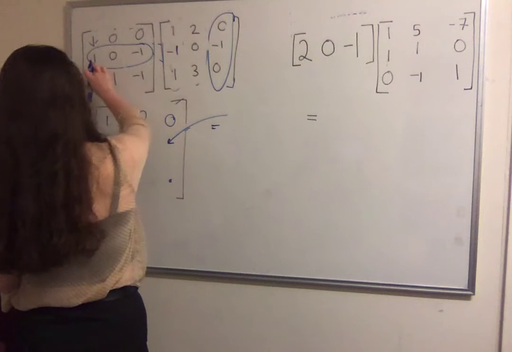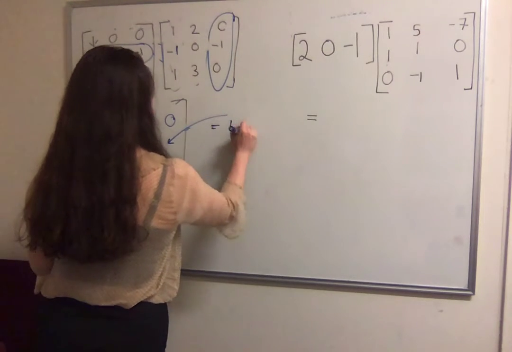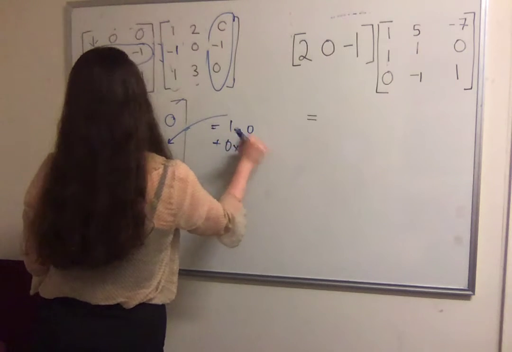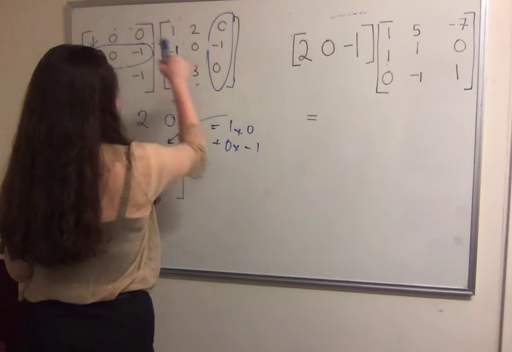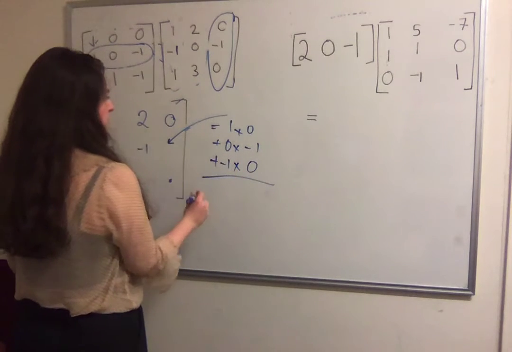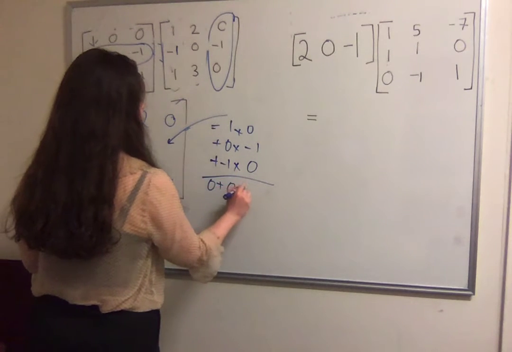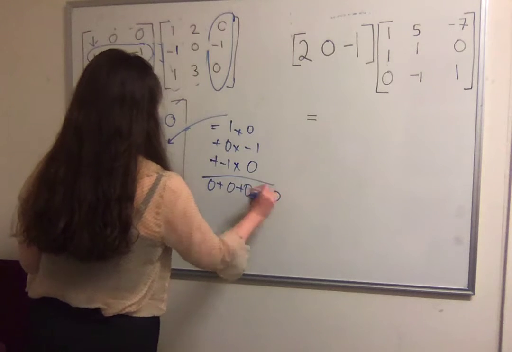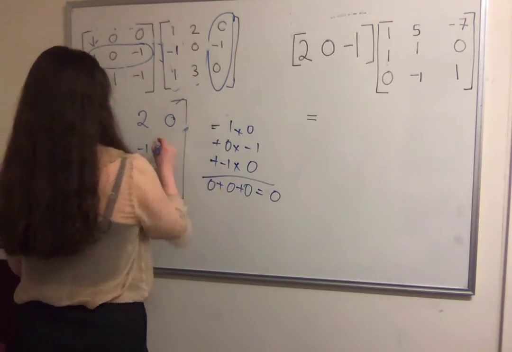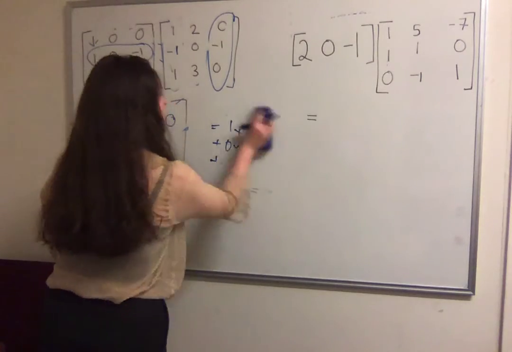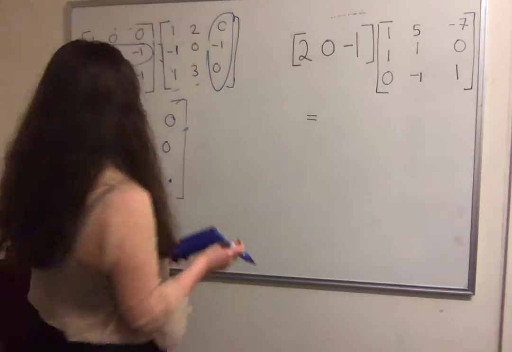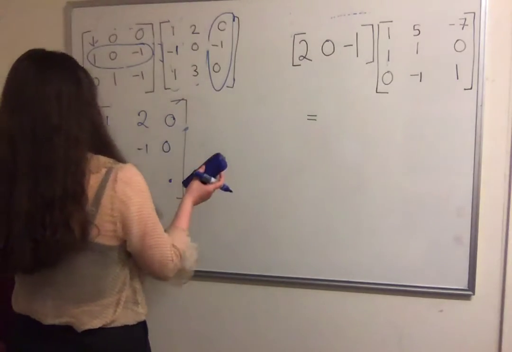So this is going to be equal to 1 times 0 plus 0 times -1 plus -1 times 0. And that is going to be 0 plus 0 plus 0, which is equal to 0. And I'm just going to quickly double check that I haven't accidentally mucked up anything so far. No, I have not. Okay, cool.